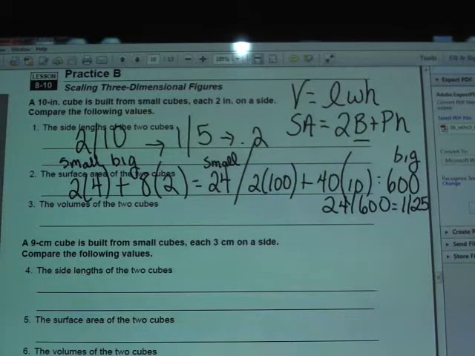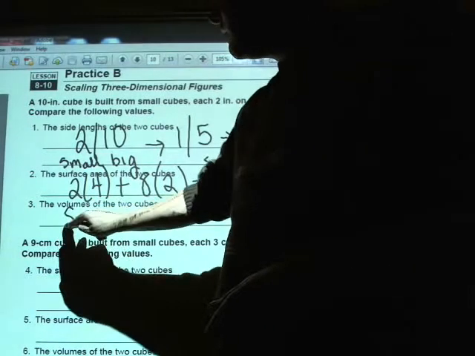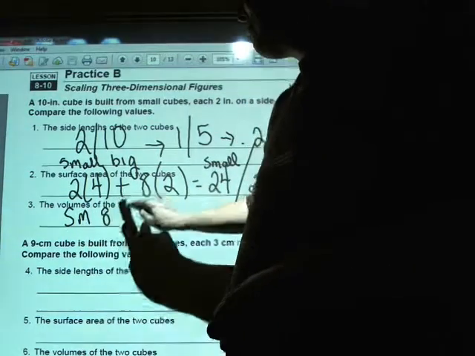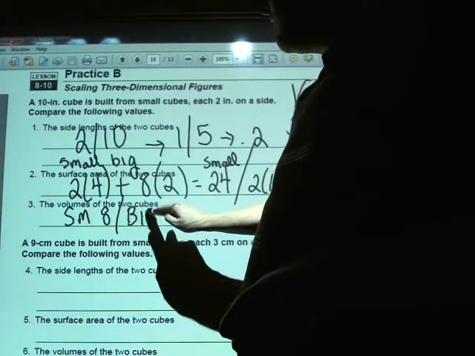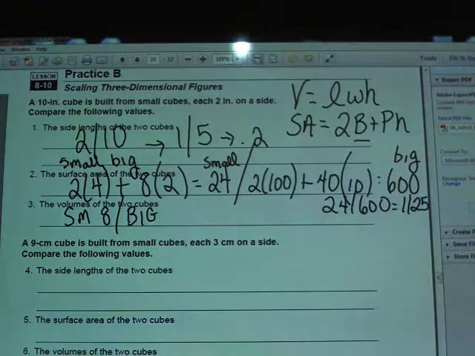All right, let's take a look at number 3, the volumes of the two cubes. So length times width times height here. Well, this one's kind of nice because in the small cube, those numbers are all 2. In the big cube, those numbers are all 10s. So for the small cube, I just have to do 2 times 2 times 2. 2 times 2 is 4, times 2 is 8. And in the big cube, I have to do 10 times 10 times 10.